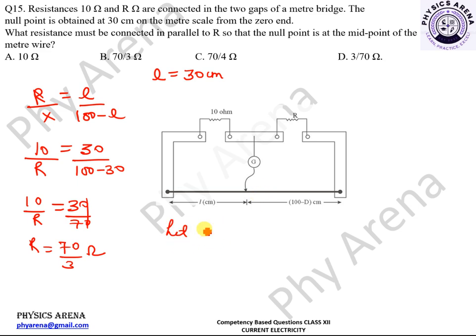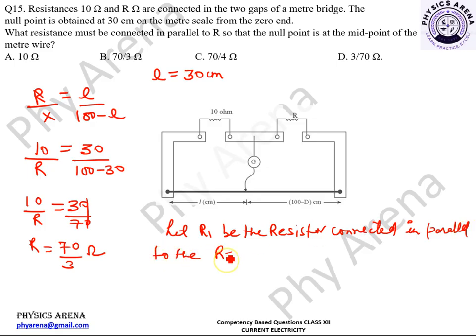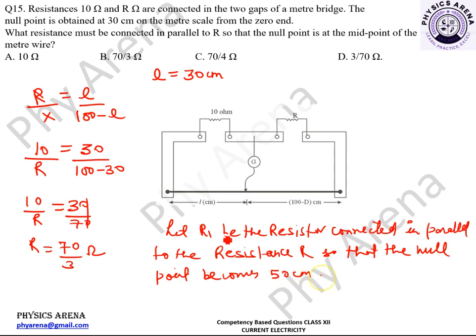So let R1 be the resistor connected in parallel to the resistance R, so that the null point becomes 50 centimeter, that is the midpoint of the meter bridge.